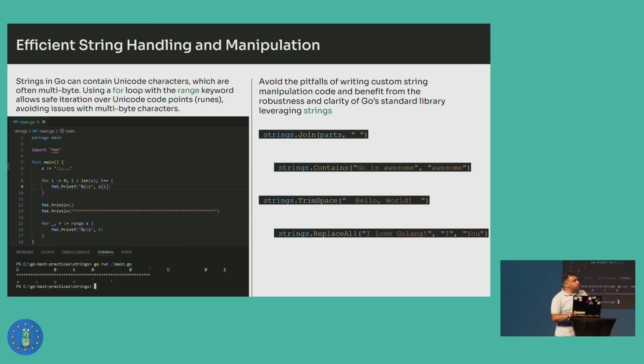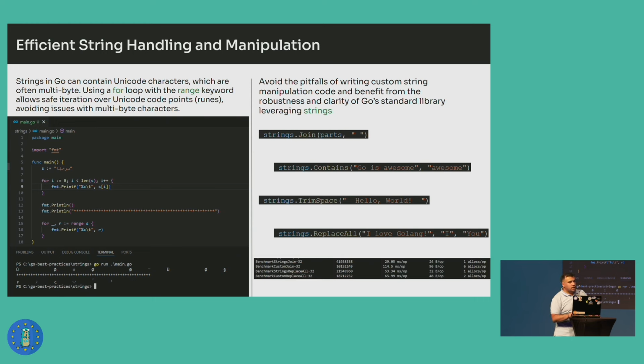And if you come across a bottleneck or performance issue with these functions, you can just open a PR for the Go team to check. And you can see here the overhead of using custom join functions over using the standard SDK package.